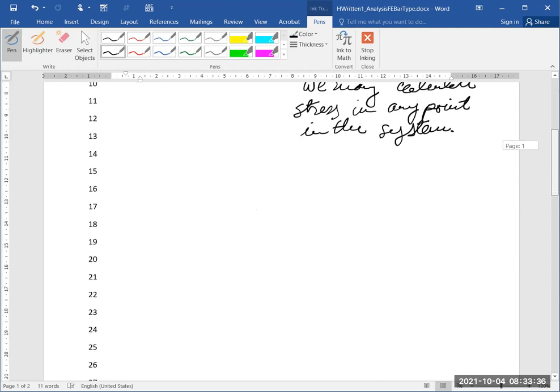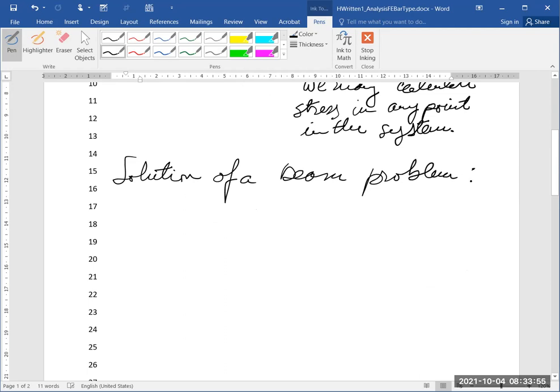After making this assumption, we can calculate, for example, the solution of a beam problem. Don't worry, I'm not going to solve it right now, but in the future. Let's suppose we have something like this. This is a beam. I still don't have much practice using these things, so please be patient with me.